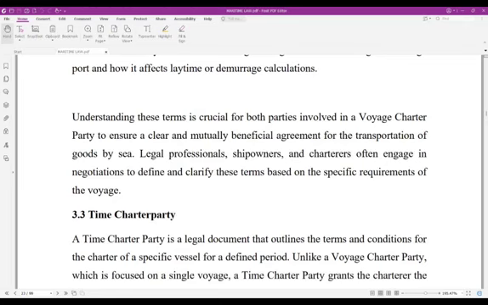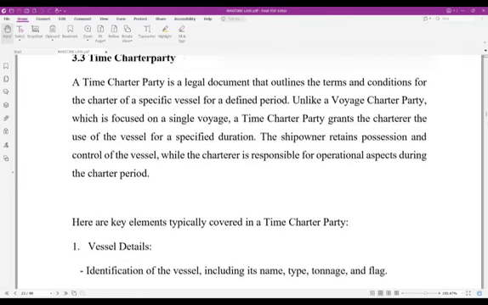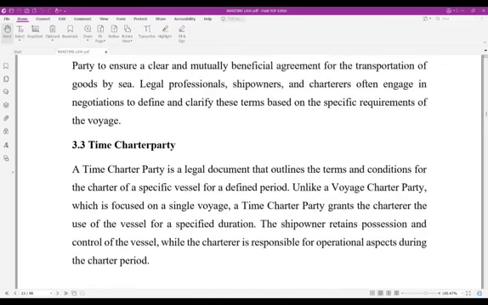The time charter party. A time charter party is a legal document that outlines the terms and conditions for the charter of a specific vessel for a defined period.